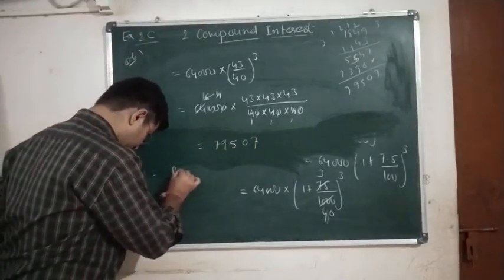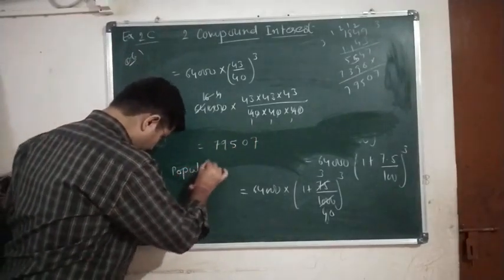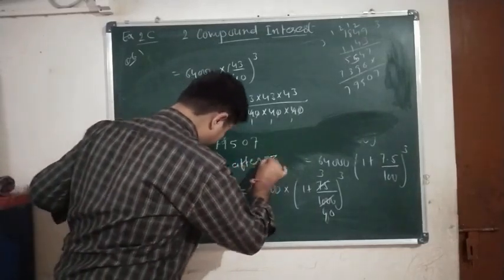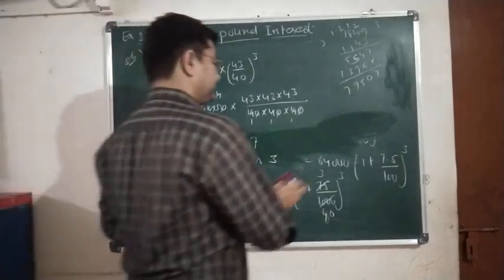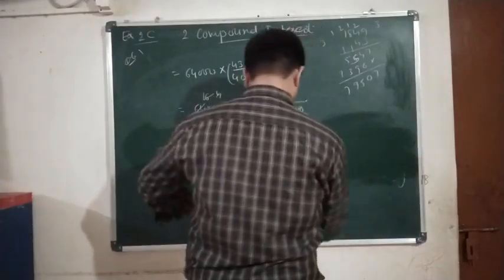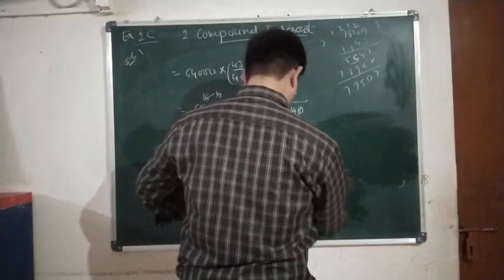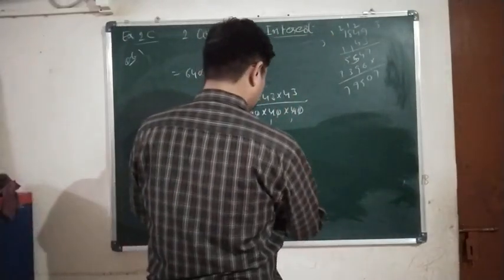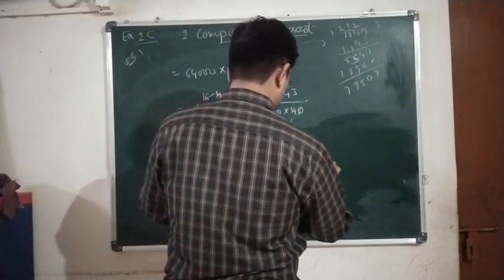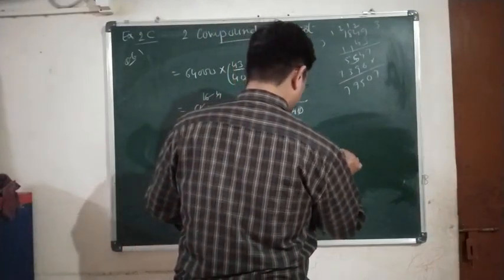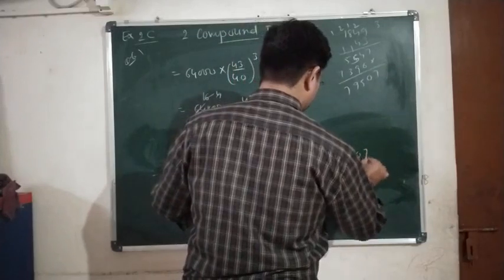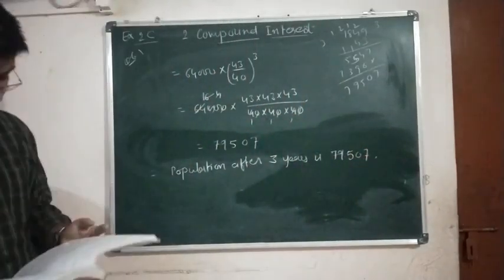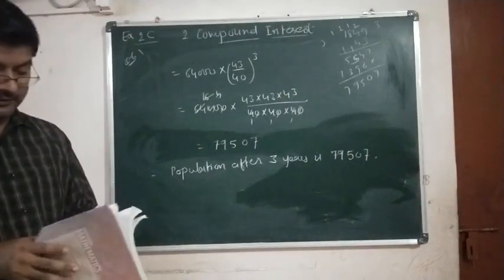Therefore population after 3 years is 79,507. Okay, so question number 6 we have completed.